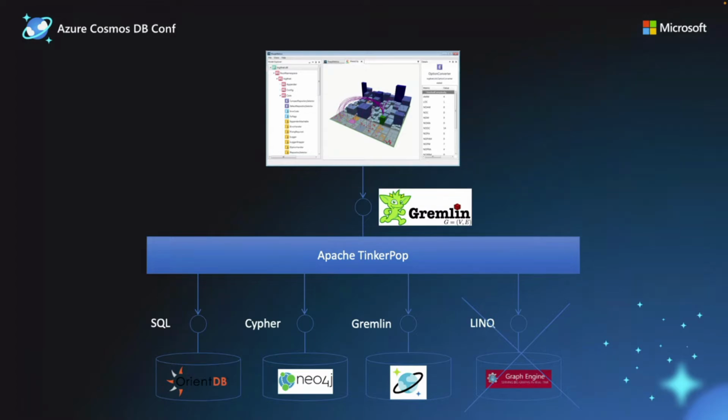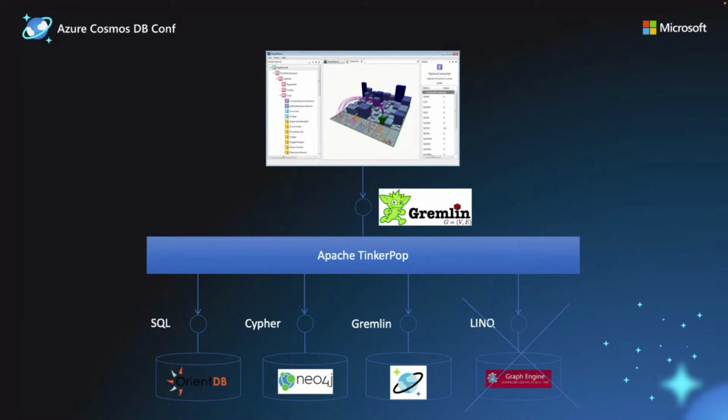Some do not support it, like the Graph Engine, but that was not of a major issue for me because I could use Cosmos DB and some other graph databases using Gremlin. And some databases, like Cosmos DB, directly even support Gremlin. Others do not, so you have to use some intermediate server to transform Gremlin into the proprietary language, like for Neo4j.